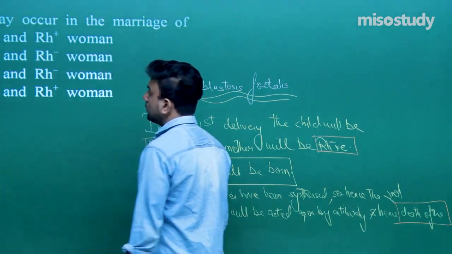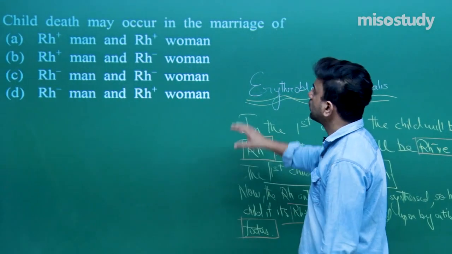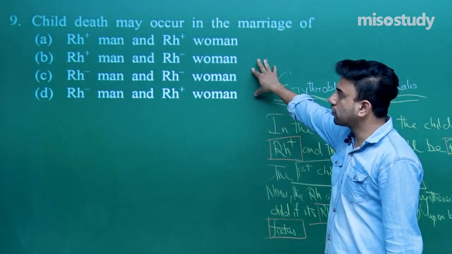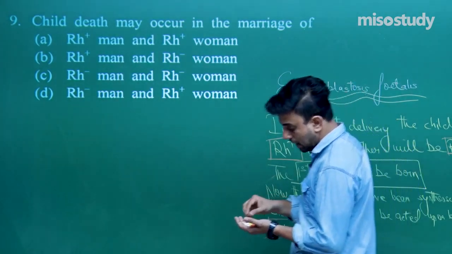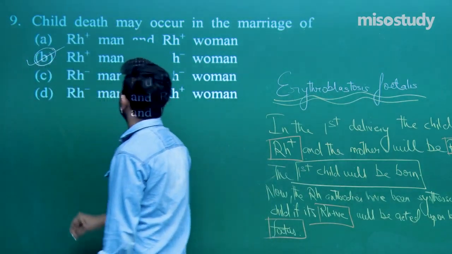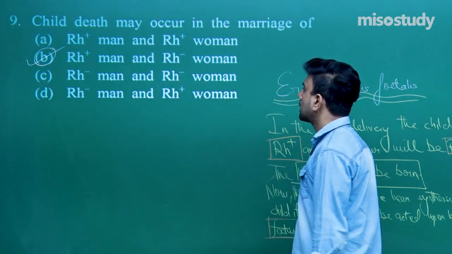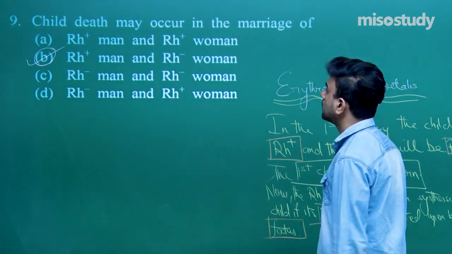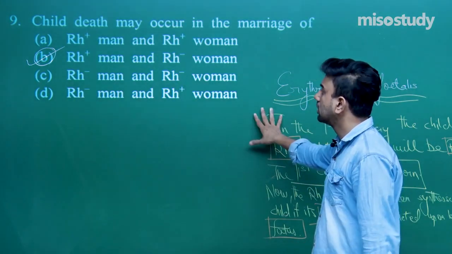So in that case it will be an Rh negative woman and an Rh positive man. Rh positive man and Rh negative woman can be one of the cases, right.